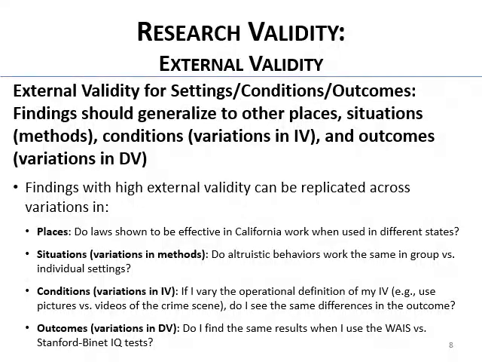So, do I get the same results when I use the Wechsler intelligence scale versus Stanford-Binet? Do I get wildly different ones? Why would that be the case? So these are all variations in place, the methods, how you define the IV, and how you measure the DV. And things that are true laws of human behavior should work across variations in these things.